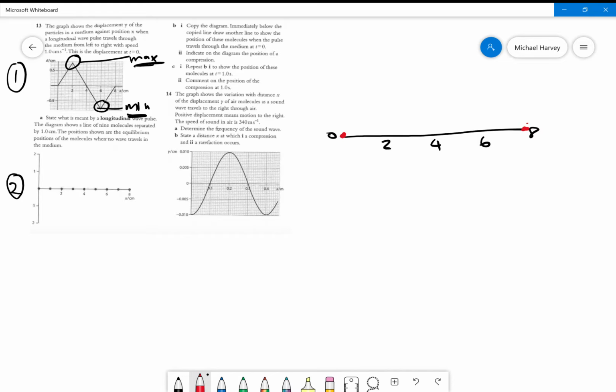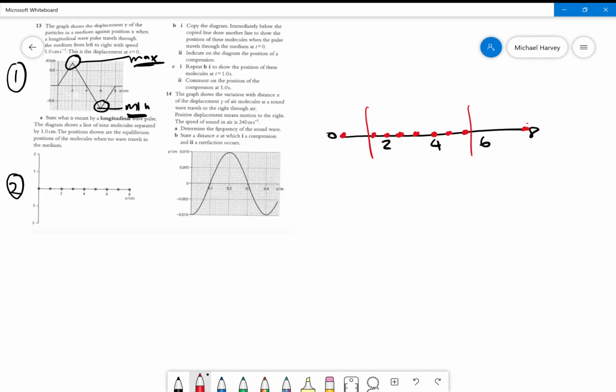However, at point 2 you'll notice that the particles start to bunch together a lot more, because that's going to be the start of our compression. And that's going to continue on from 1.5 to about 5.5. So that's the start.